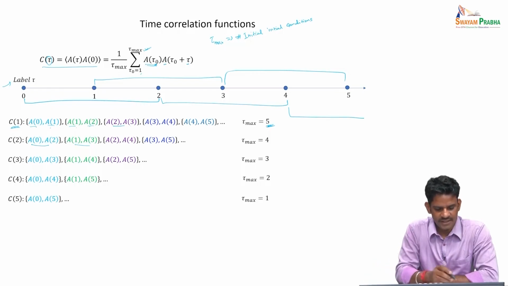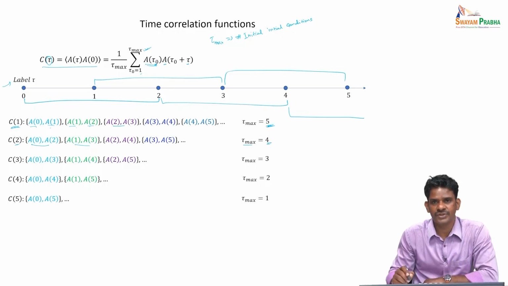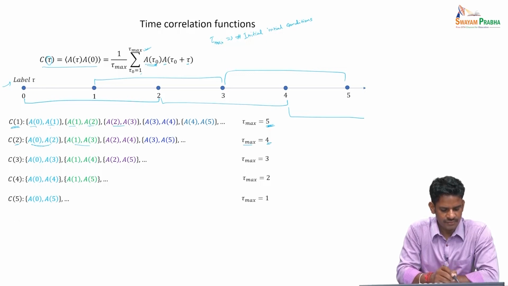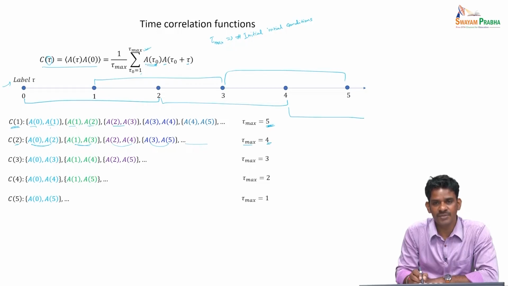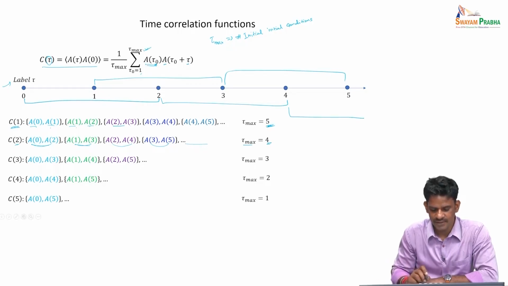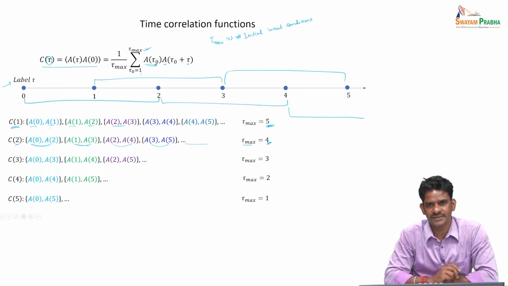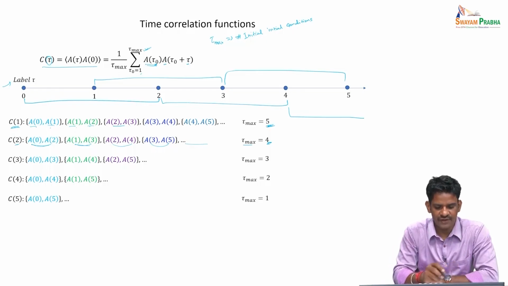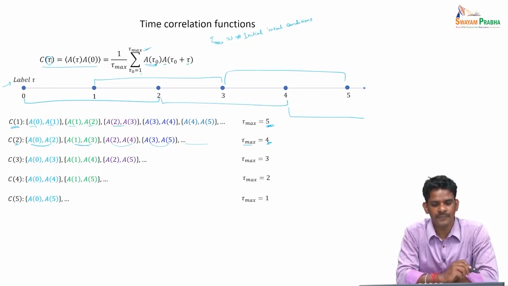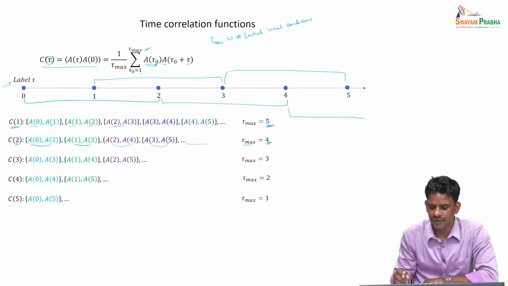So the tau max for delay time of 2 has only 4 contributions. We can take A0, A2, A1, A3, A2, A4, A3, A5 and nothing beyond because we don't have A6. So this gives us only 4 different possibilities. So this autocorrelation function at tau equal to 2 can be averaged over only 4 initial conditions.